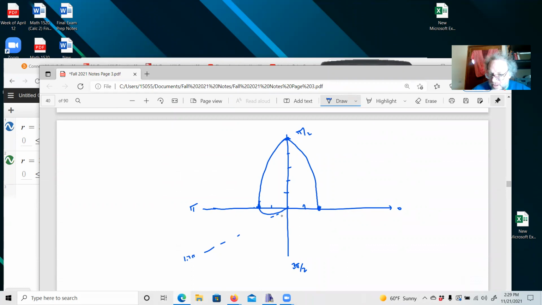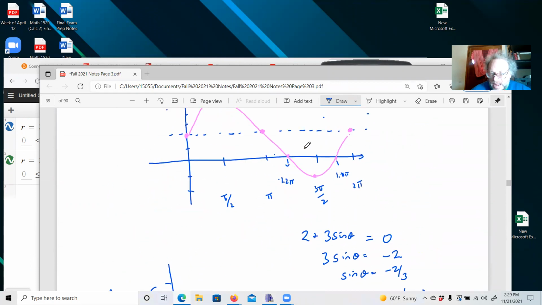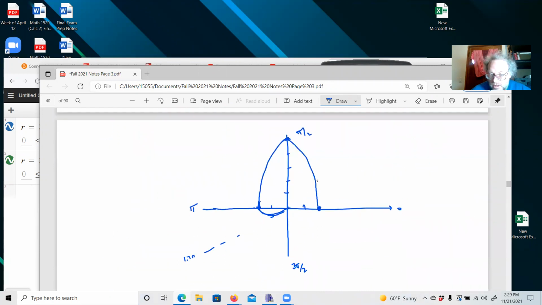R should be 0 here. Now, everything else that happens here needs to go backwards. So at 3 pi over 2, we are at negative 1.